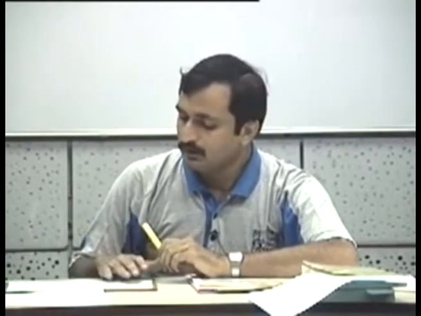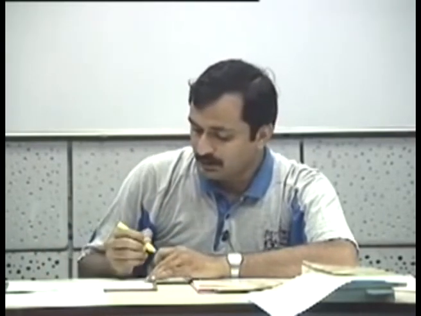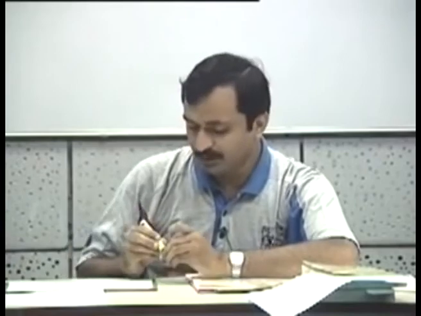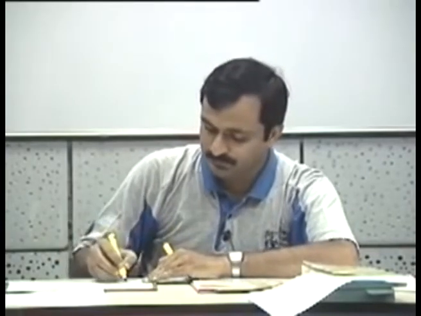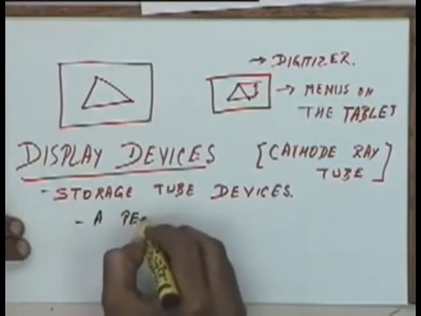Now, in storage tube devices, the important features are that it has what is called a permanent phosphorescence on the screen.